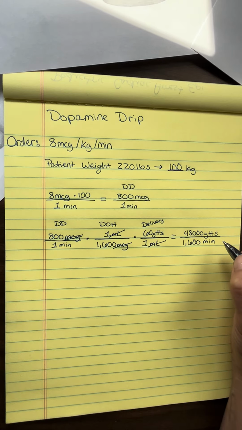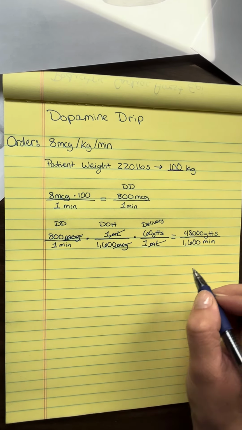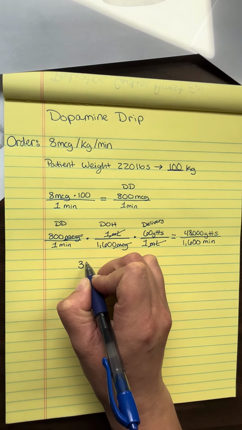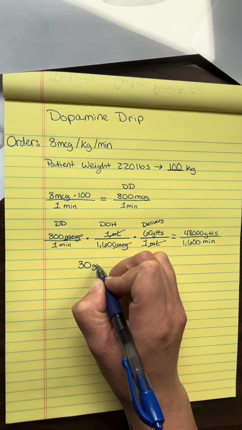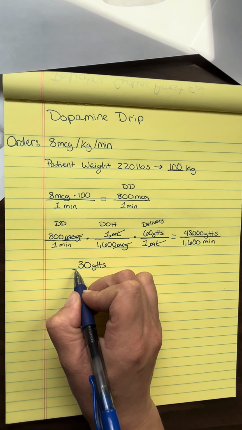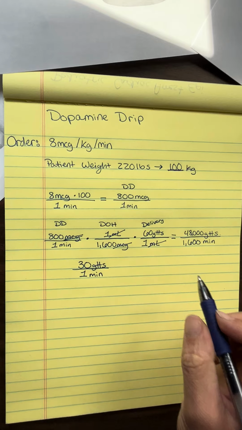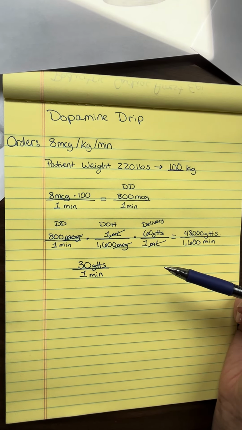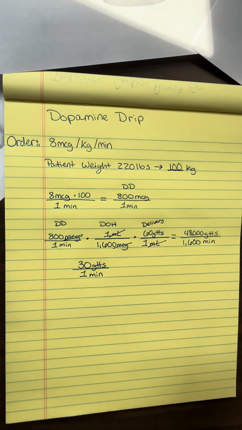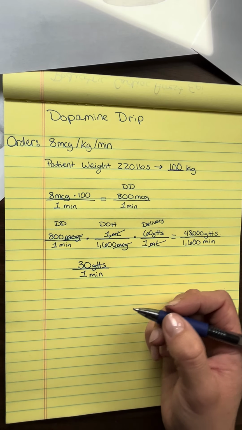And then from there we are going to divide, and so 48,000 divided by 1600 is 30 drips, because we're continuing our units. 30 drips over 1 minute. So if your test answer is asking for how many drips per minute, this is your answer right here, 30 drips per minute.